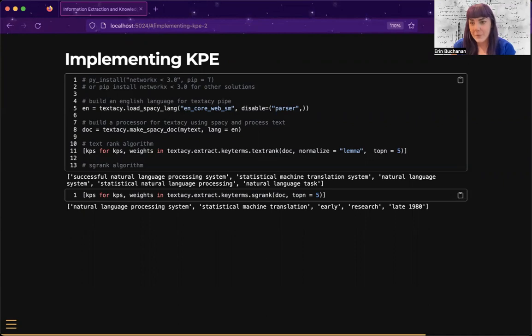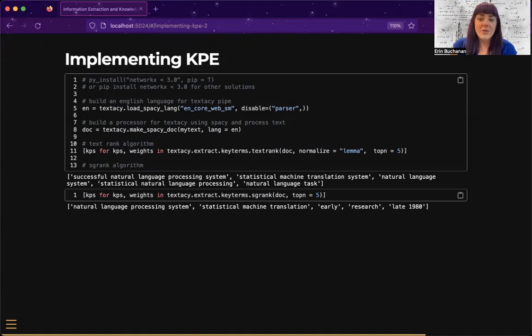If you're looking at the textbook, it says .ke. That is old. On our doc, we will normalize by using the lemma. So we're going to convert words back to their original root word with lemmatization. This does not stem, it lemmatizes. I take the top 5.